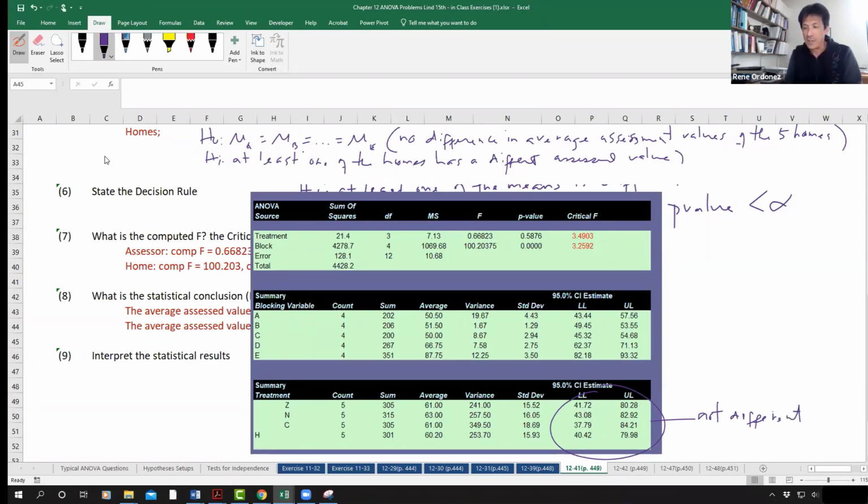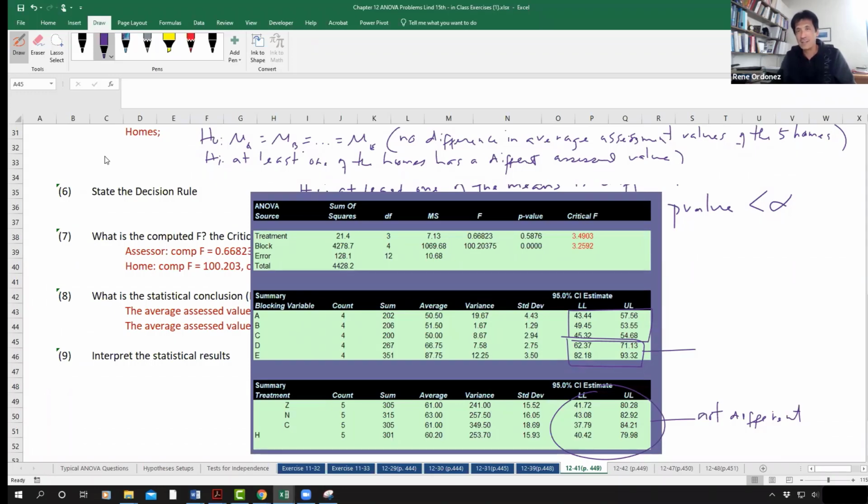But in terms of the homes, which of the homes do you think is or are value assessed differently? These first three homes are about the same. Right, the range is between 40,000 and 57,000. But if you look at these two homes, they're valued differently.